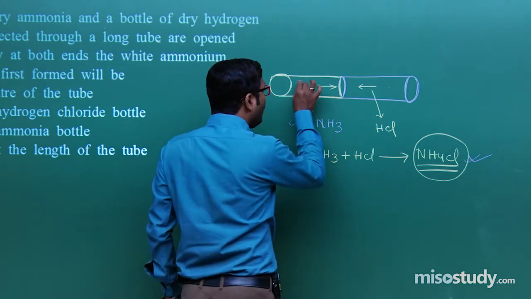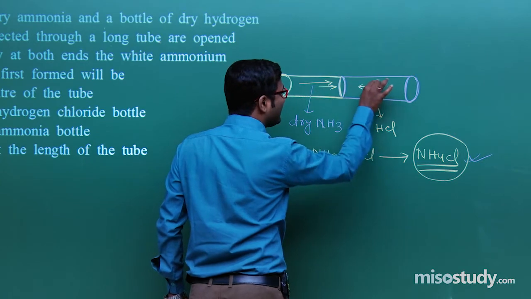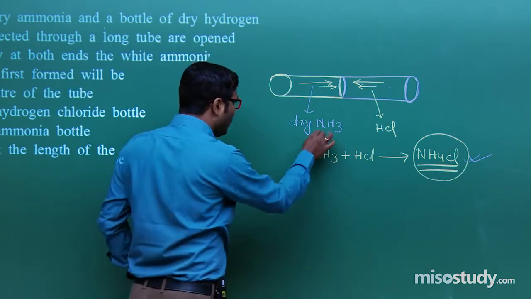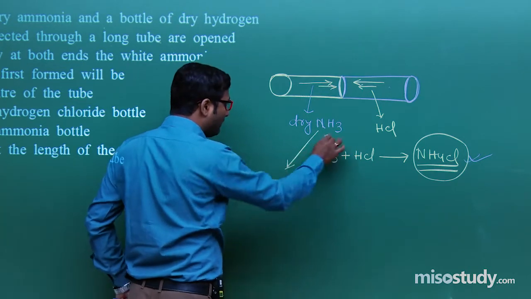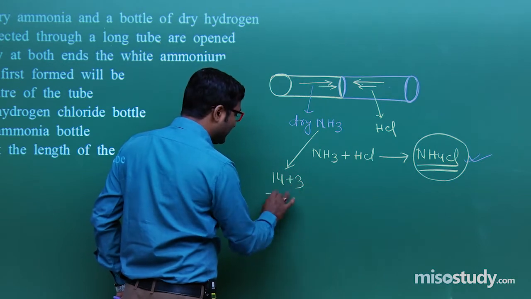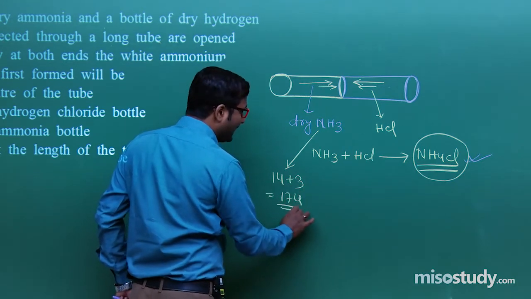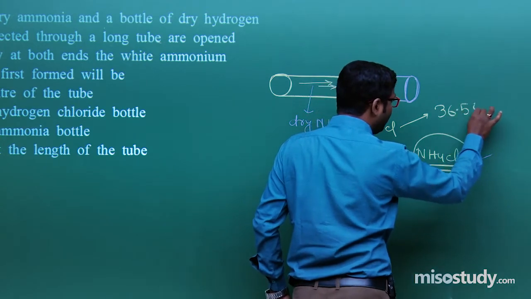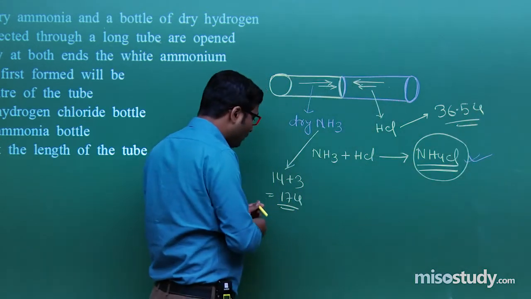That is the question, and that is the solution also. Now which will move faster? As we know, if I talk about the molar mass, ammonia is 14 plus 3, that is 17 u, and HCl is 36.5 u. Now which will have lower mass?